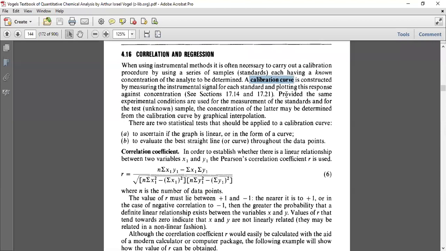Provided the same experimental conditions are used for measurements of the standards and for the unknown samples, the concentration of the latter may be determined from the calibration curve by graphical interpolation. Now, in the colorimeter also we found out unknown concentration, for example in the case of salicylic acid, or maybe what else did we do, assay of salicylic acid and what else?